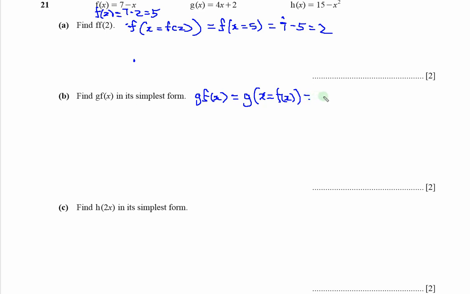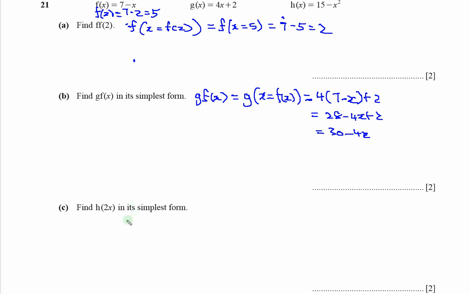Where is g(x)? g(x) is 4x plus 2, but then from here x is replaced by f(x). This x is replaced by f(x). f(x) is 7 minus x, so it's 4 times (7 minus x) plus 2, so it's 28 minus 4x plus 2, so it becomes 30 minus 4x.